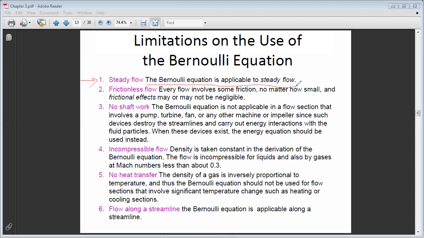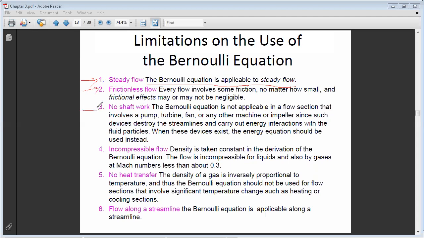Now, another condition is to consider a frictionless flow. So we don't have friction, or we are away from any source of losses. Sometimes we can have friction, but it can be neglected. So then we can apply the Bernoulli equation.